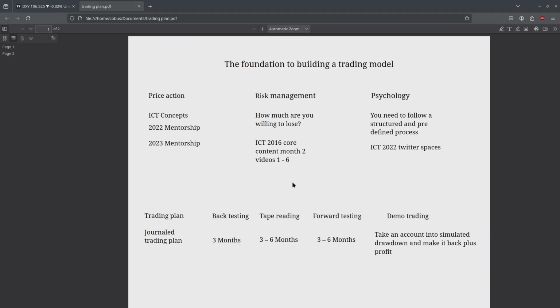Take an account, take it into a simulated drawdown, and very important, take your time and make the drawdown back plus a small profit.